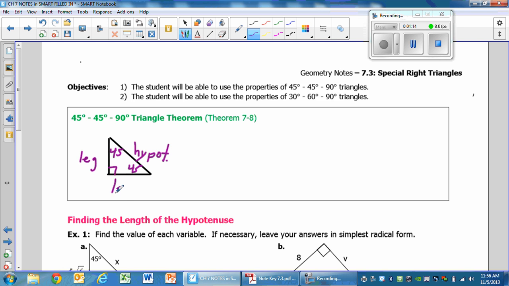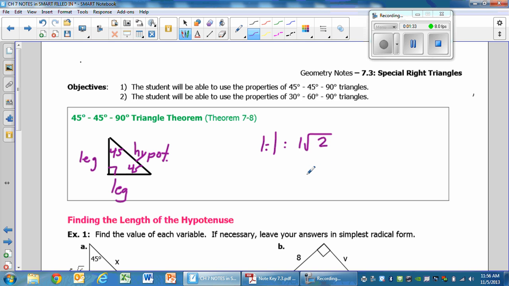Whenever we have a 45, 45, 90, I'm going to tell you that the sides are proportional. Leg, leg, hypotenuse: 1 to 1 to 1 square root of 2, or just the square root of 2, because 1 times the square root of 2 is the square root of 2.